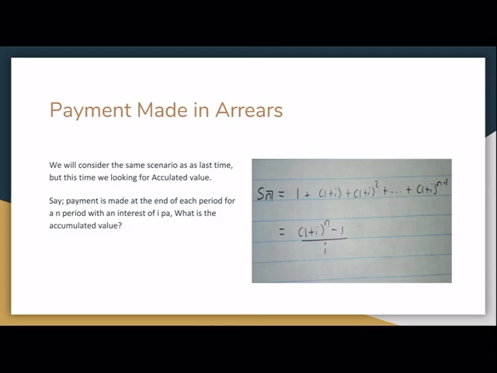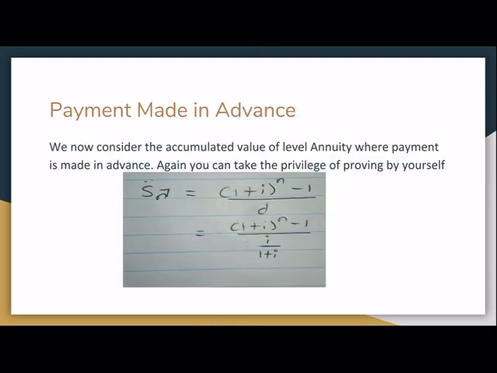So this here on your left hand side, and on your right hand side, is the formula for finding the accumulated value of the payments made in arrears. And then here again is the accumulated value formula for finding a series of payments which are made in advance.